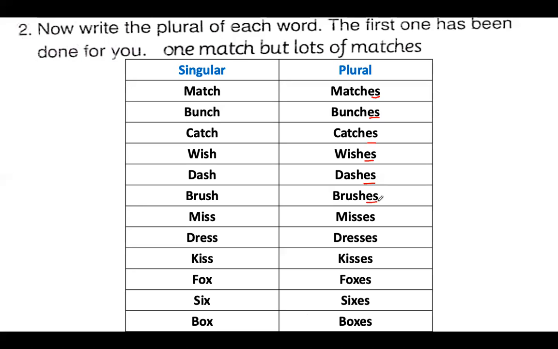Brush, brushes, es. Miss, misses, es. Dress, dresses, es. Kiss, kisses, es. Fox, foxes, es. Six, sixes, es. Box, boxes, es. All the singular has just added es in them to make the plural form.